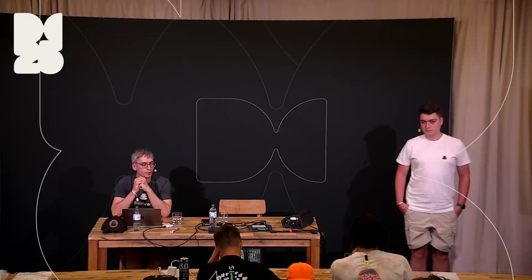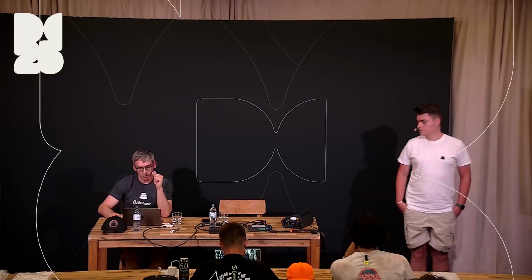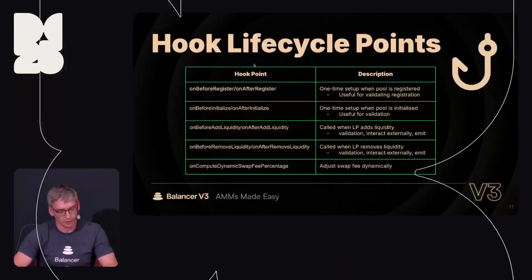And when you say the vault triggers the action, does it happen when a user does something, or does it happen at some time intervals, or maybe the protocol itself triggers the vault? Probably best to show you. So it's these specific points here, which are all related to a pool life cycle point. So we have the registration point.